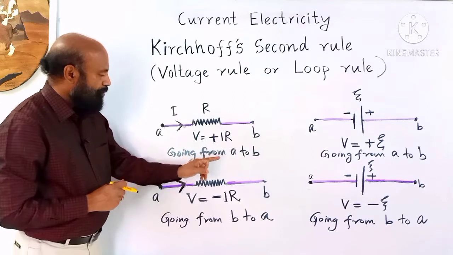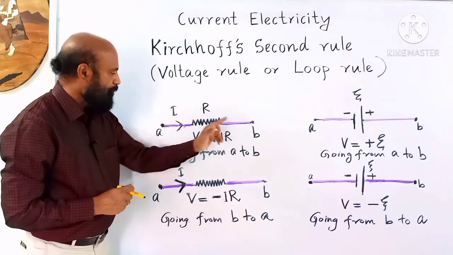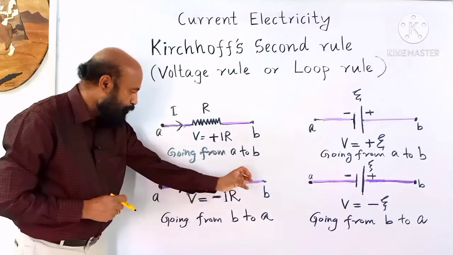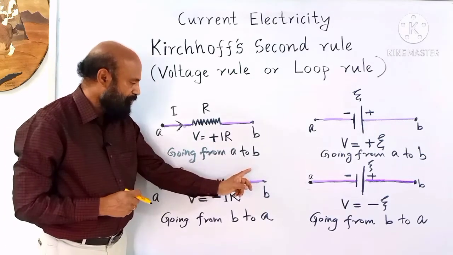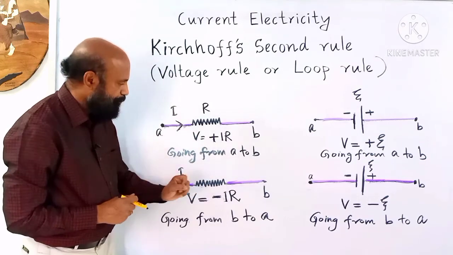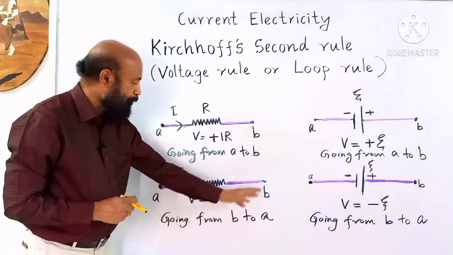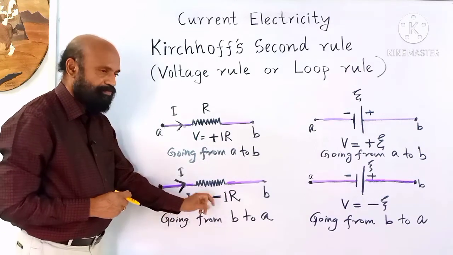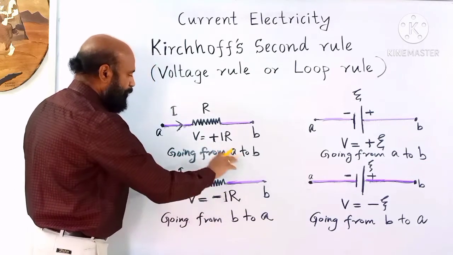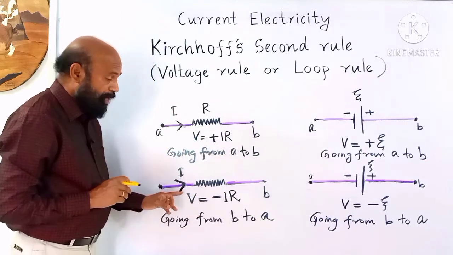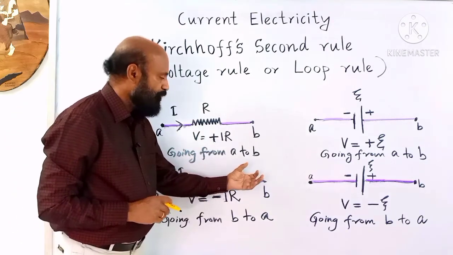Here it is A to B, here B to A. See the arrow mark, current is in that direction, but you are moving from B to A, now it is negative. So here loop is B to A, so negative. So the direction of the current is opposite to the direction of the loop.